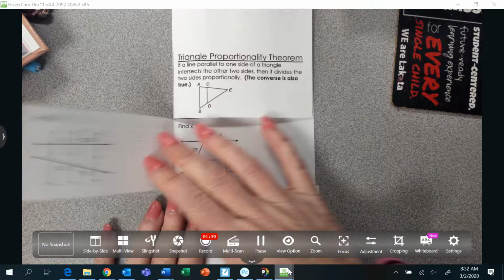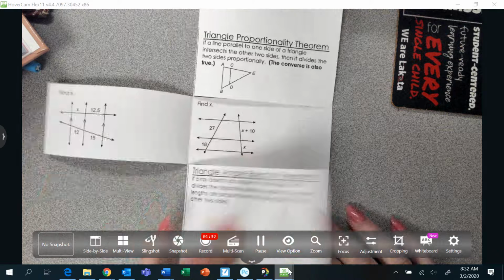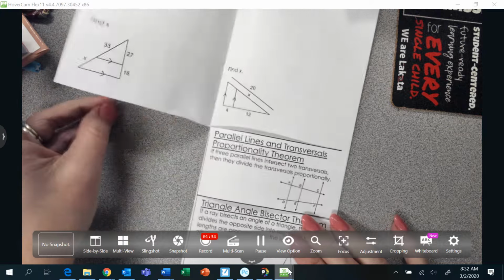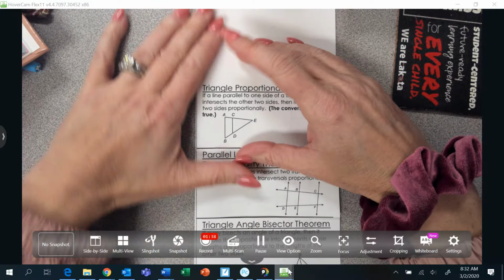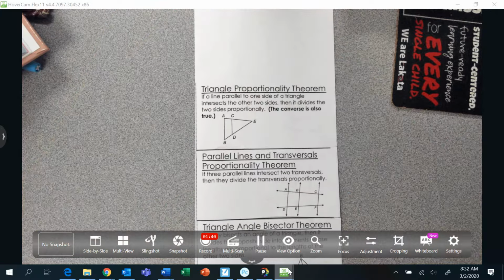Okay, so does anybody need any help cutting flaps? If we need extra scissors because somebody's taking, I've got scissors.